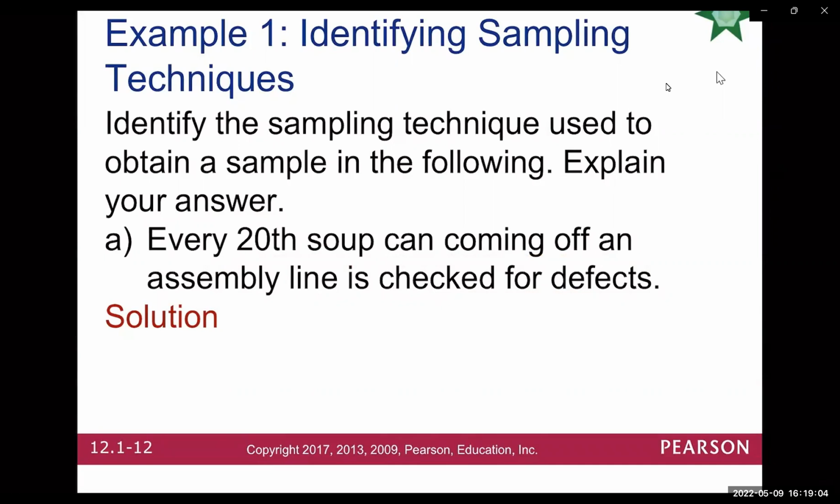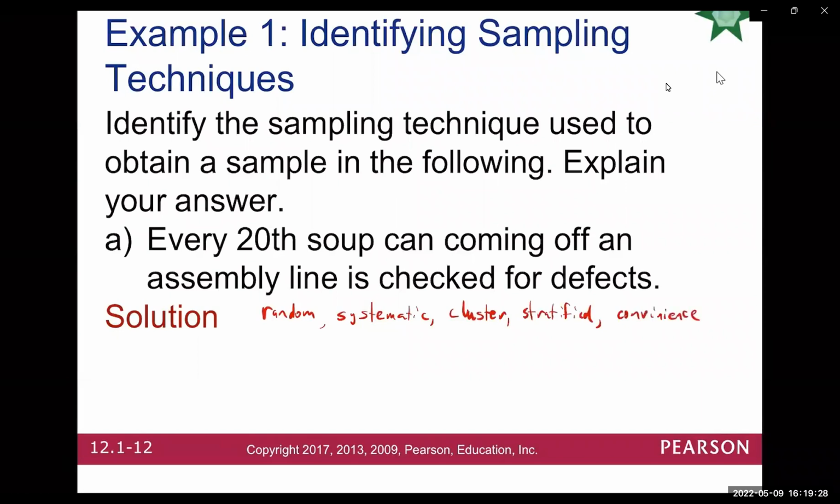So let me write the possibilities. There is random sampling, systematic, cluster, stratified. Would it be systematic since it's the same can every time? Yeah, exactly.